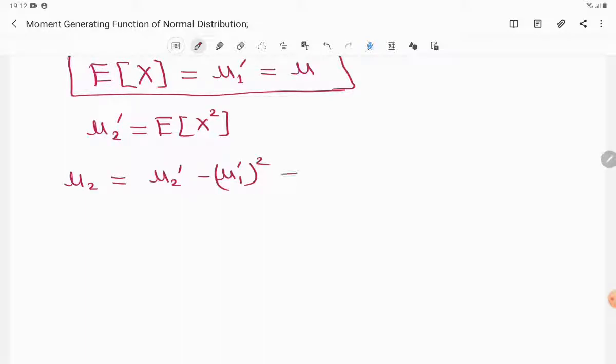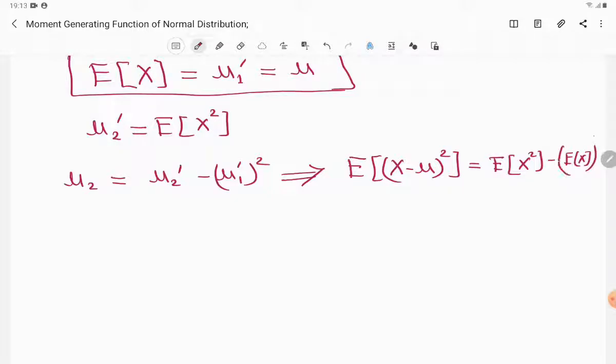As I mentioned earlier also, this expression is very well known, and it is nothing but E of (x minus mu) whole square, which is E of x square minus E of x whole square, something like this. And the same thing we are going to do.